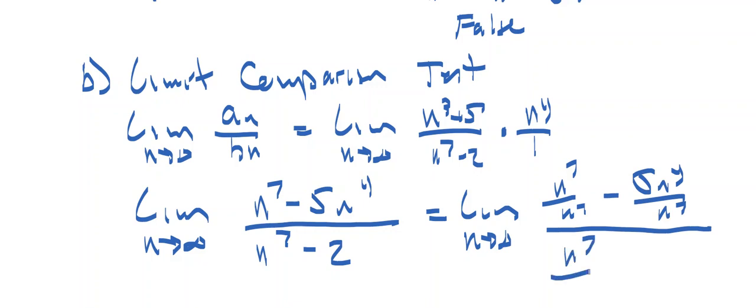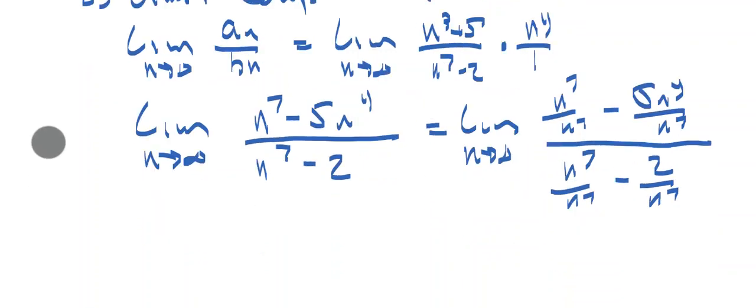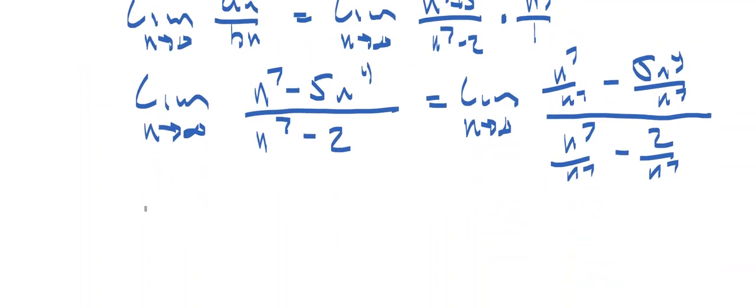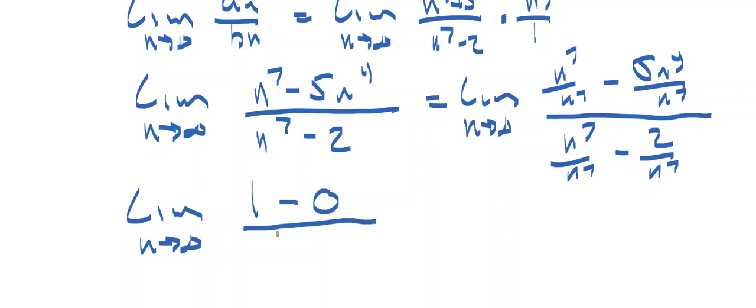Downstairs, n to the 7th over n to the 7th minus 2 over n to the 7th. And we've done this enough now, we can see what's going to happen here. We have n to the 7th divided by n to the 7th is 1, plus a term that becomes 0. And then we're going to have 1 minus 0, and this is the limit.